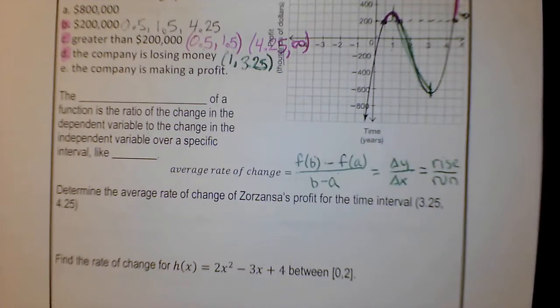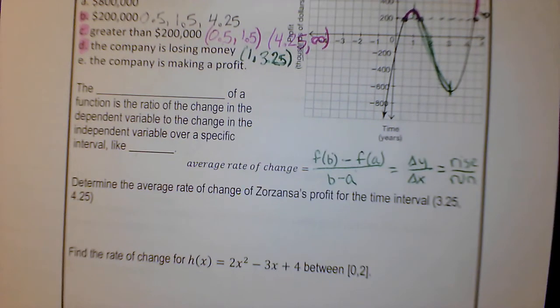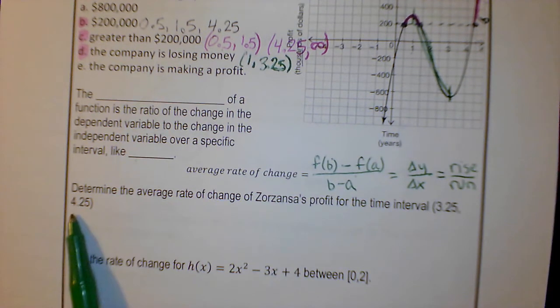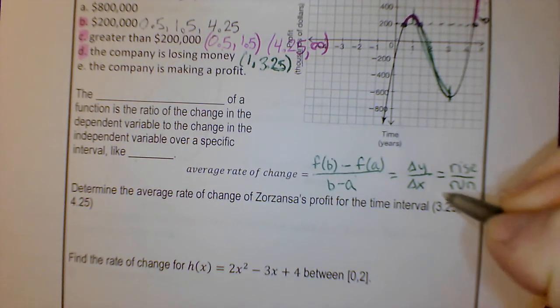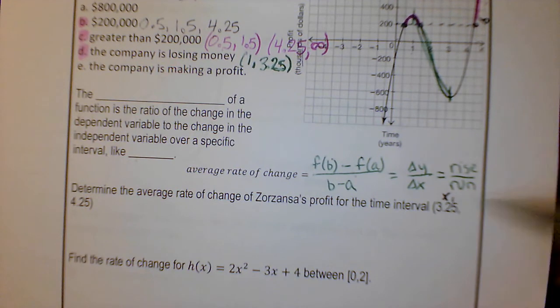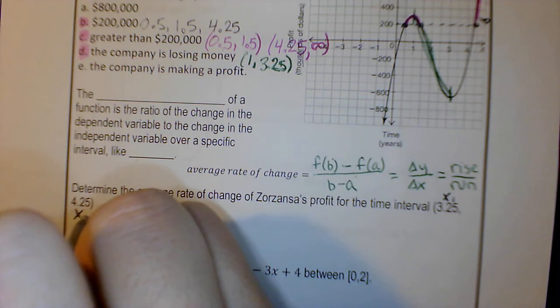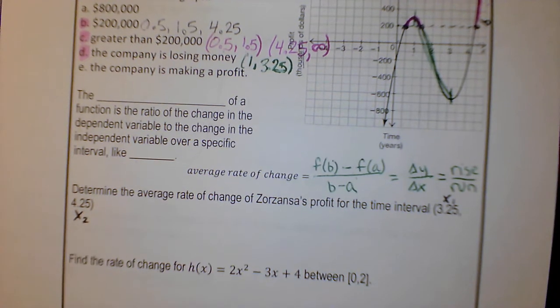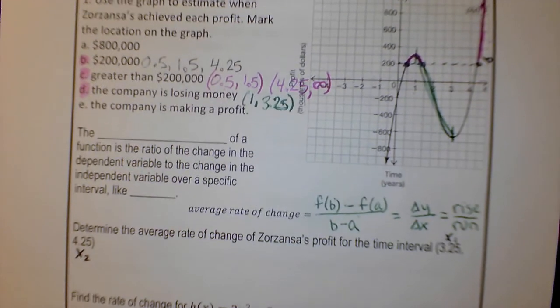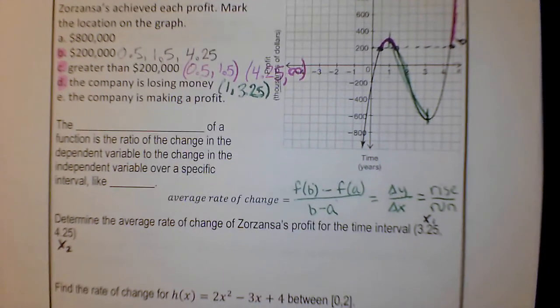So when we go to our first example for determining average rate of change, it wants to know the average rate of change of their profit during this time interval. Now what that's giving us is our X values. This is X1 and this is X2. We are responsible for finding our Y1 and our Y2, and that will almost always be the case.